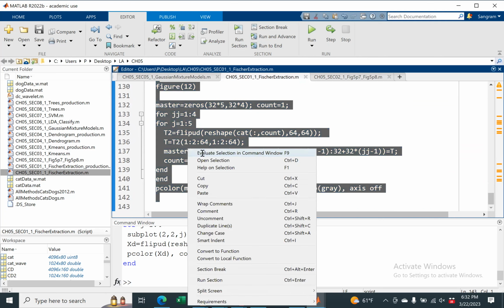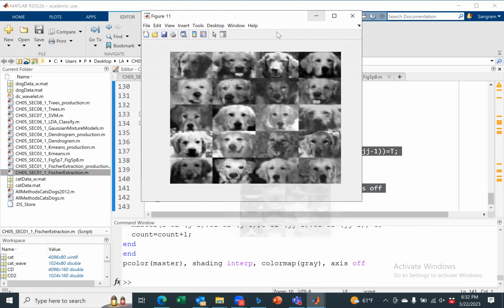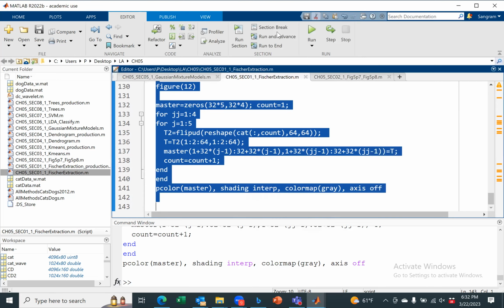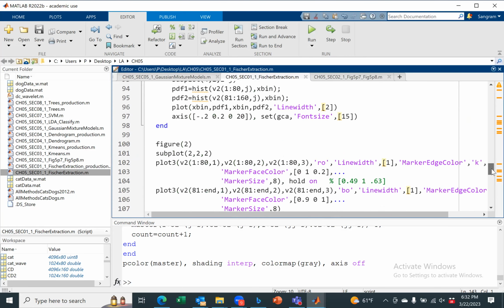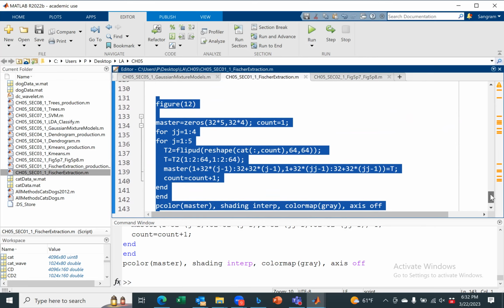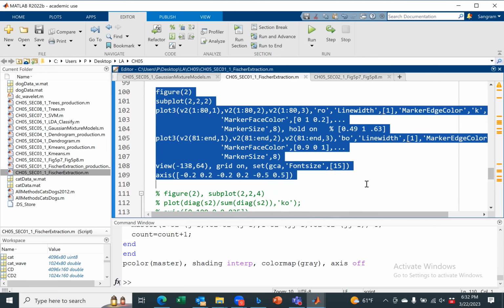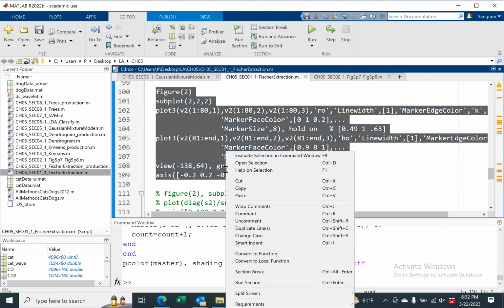Let's run this code, and then you will observe you get these cats and dogs data set. And then if you want to find out the respective embeddings, your embeddings would look something like this.